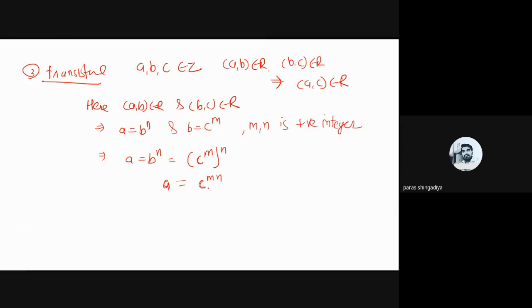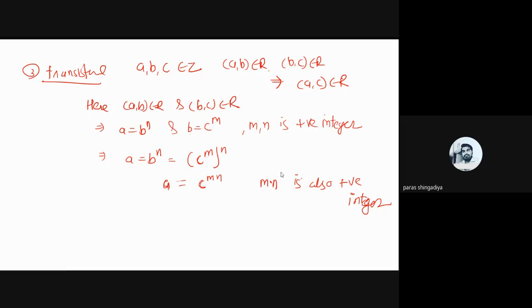Here m and n are both positive integers, so their product is also a positive integer.